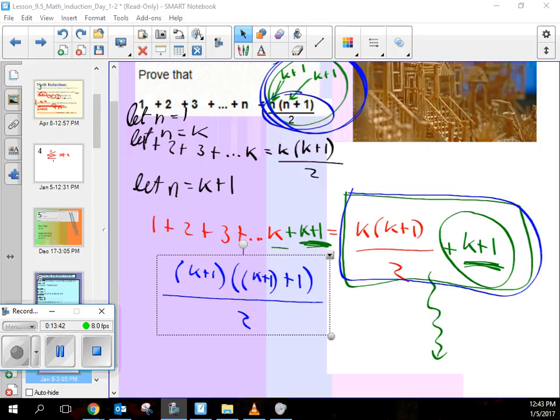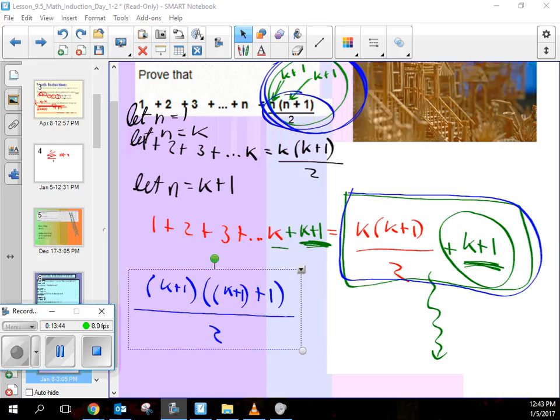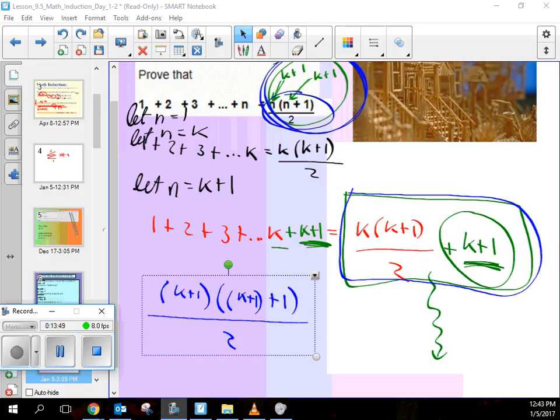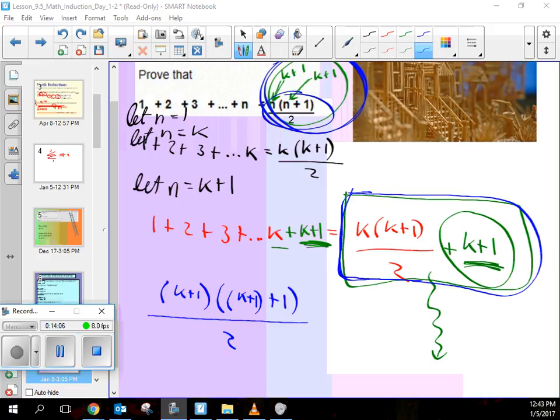Okay, so now getting this to this point is considered the point where you've gotten about half of the problem. You could get half credit at this point for knowing how to get your goal and what the thing is that you added k plus 1 to. Now here's the algebra part.